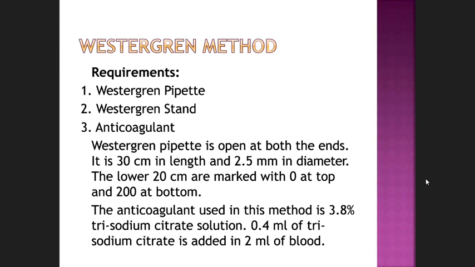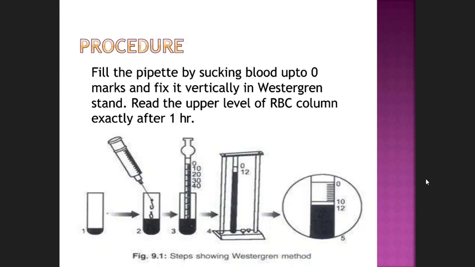The anticoagulant used in this method is 3.8% trisodium citrate solution. So 0.4 milliliter of trisodium citrate is added to 2 milliliters of blood. And how is the pipette filled? The pipette is filled by sucking the blood up to the 0 mark.